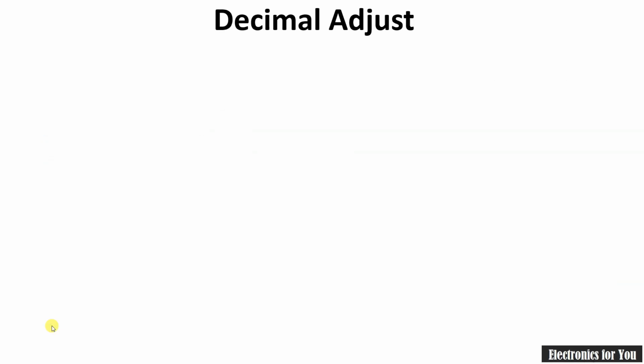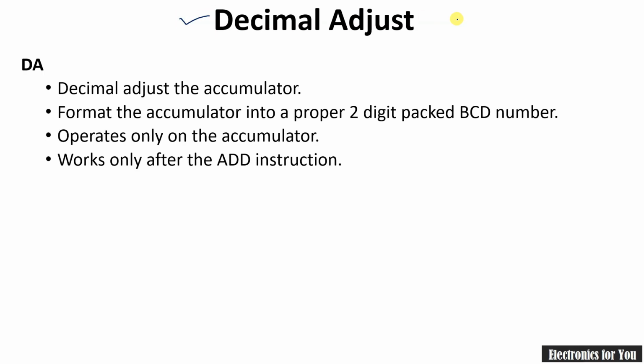The next instruction is decimal adjust. Note here that this is a very special instruction. Decimal adjust accumulator is nothing but the DAA instruction. Here A stands for accumulator and DA stands for decimal adjust. Generally this instruction is used to convert the hexadecimal result into BCD. After the addition instruction, the result is stored into the accumulator, but this result is in hexadecimal format.